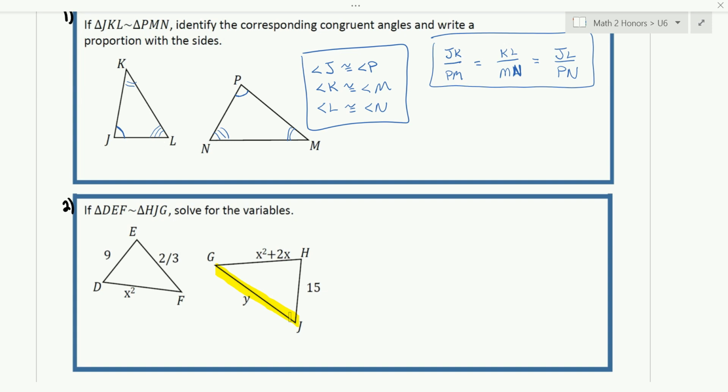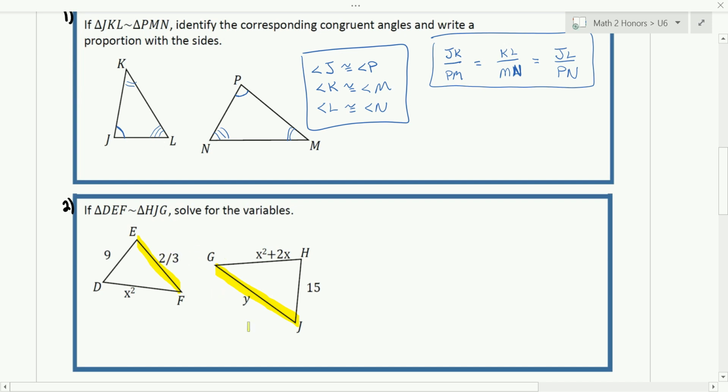EF. Okay. So EF we know is 2/3. We're not sure what y is. If we had the scale factor, then we could multiply that scale factor by 2/3 and get y, but there's nothing that indicates what the scale factor is either, right?